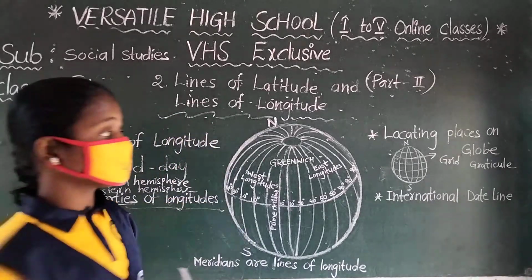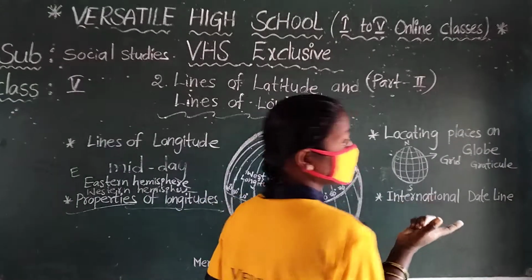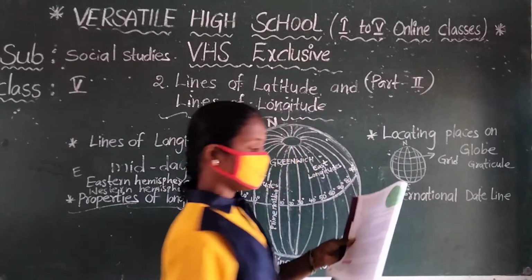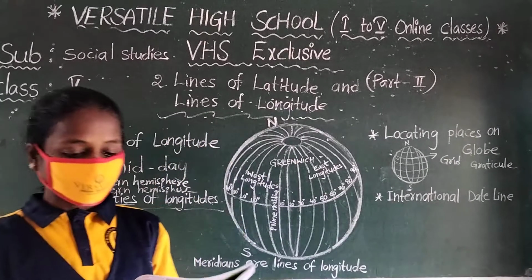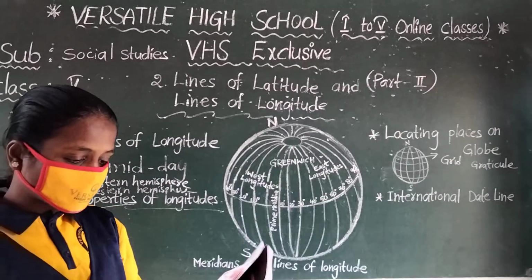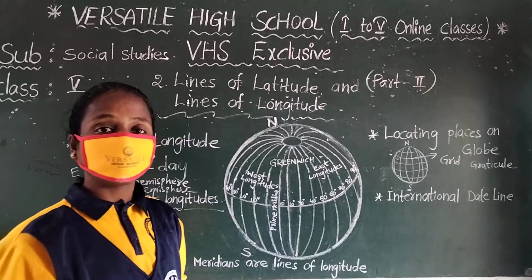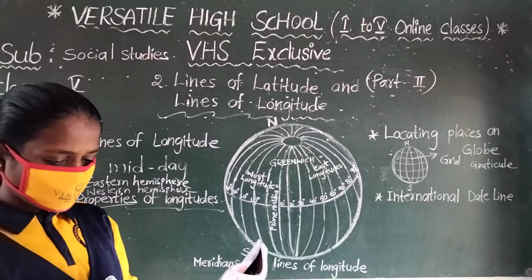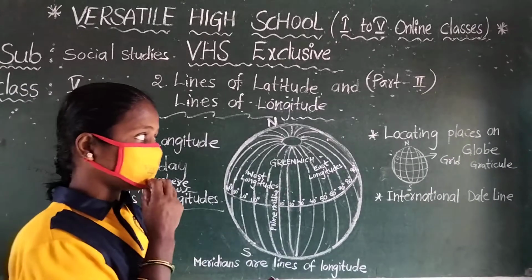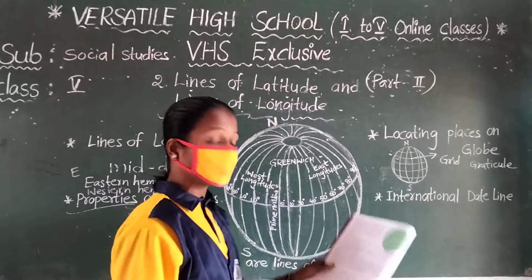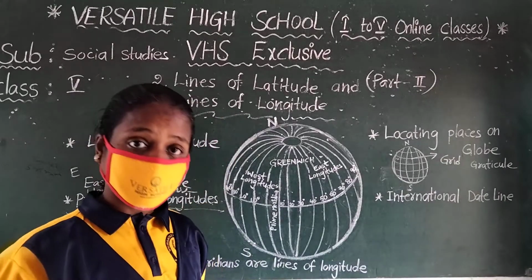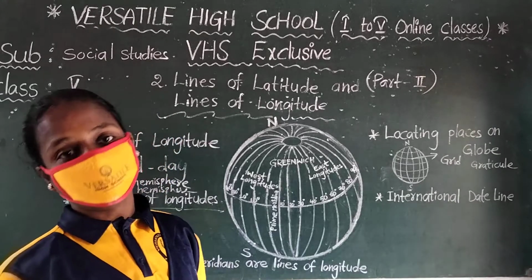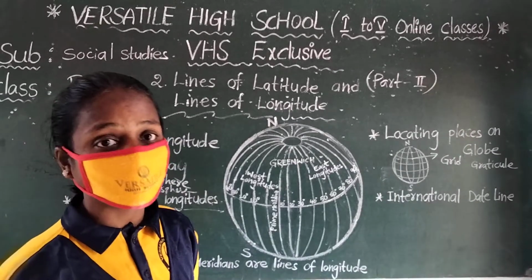That means Kolkata is located on the globe where the 23 degrees north latitude and 87 degrees east longitude cross each other. Similarly, the grid helps us to locate countries, states, cities, towns, mountains and rivers. What is the help of the grid here?